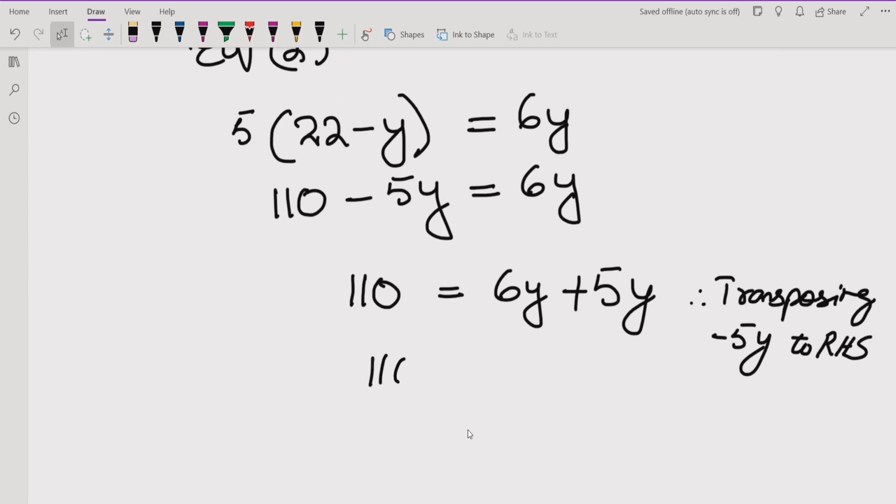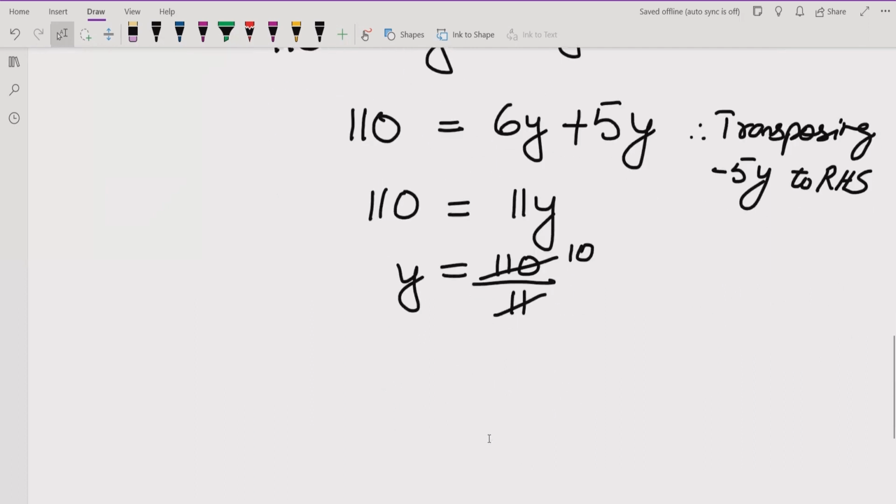So here we have 110 equals 11y. Since 11 is multiplied with y, y equals 110 upon 11. 11 ones are 11 and 11 zeros are 0, so the value of y equals 10.